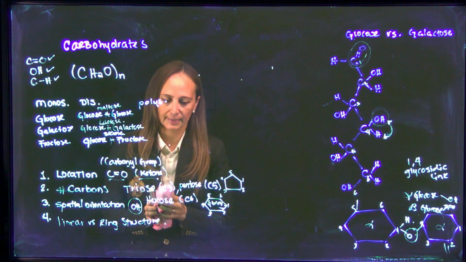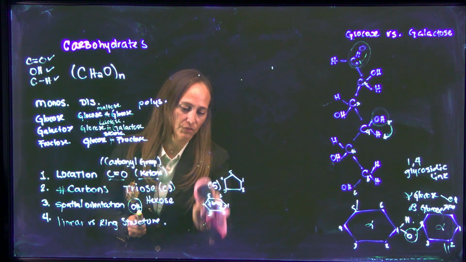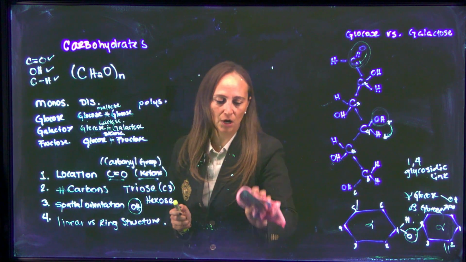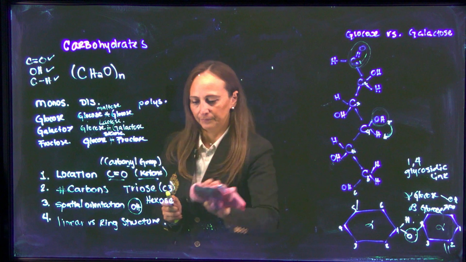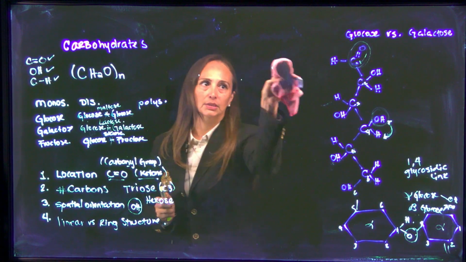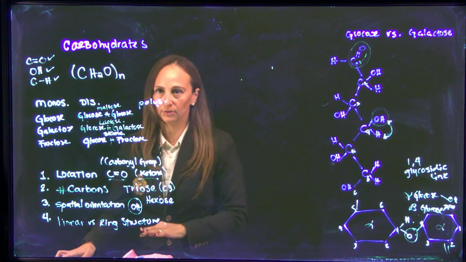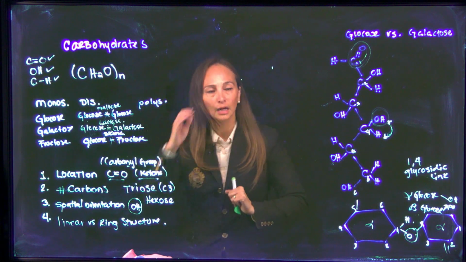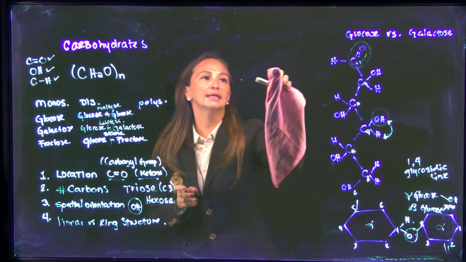I'm considering you guys already know this by heart. All right, we're good to go. Let's use the green one. It's easier. Okay, so let's go ahead and talk about the polys.